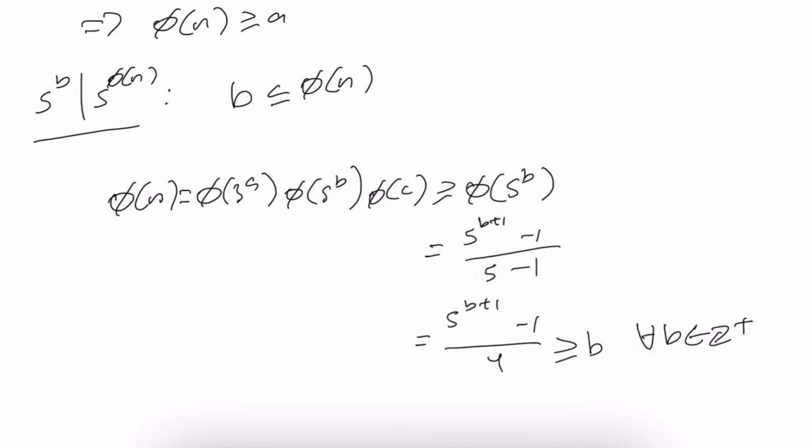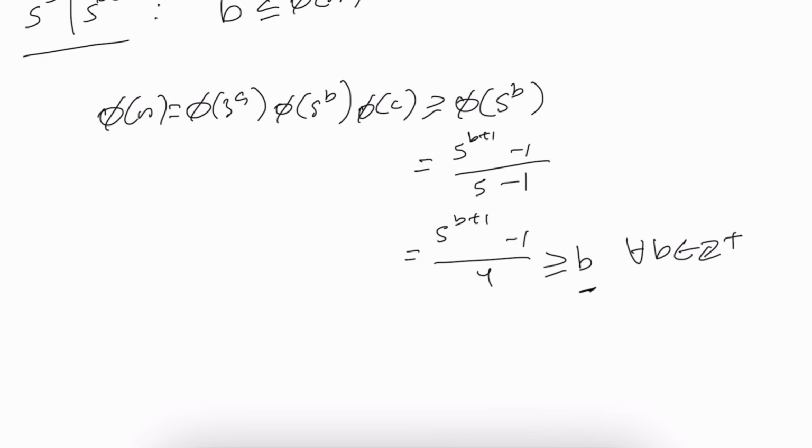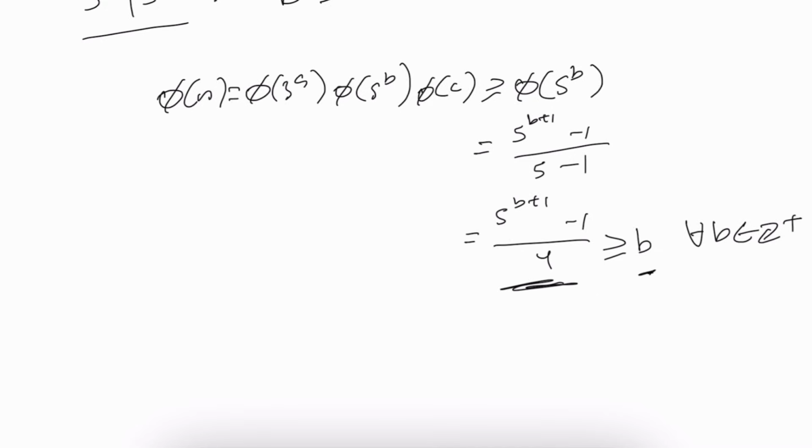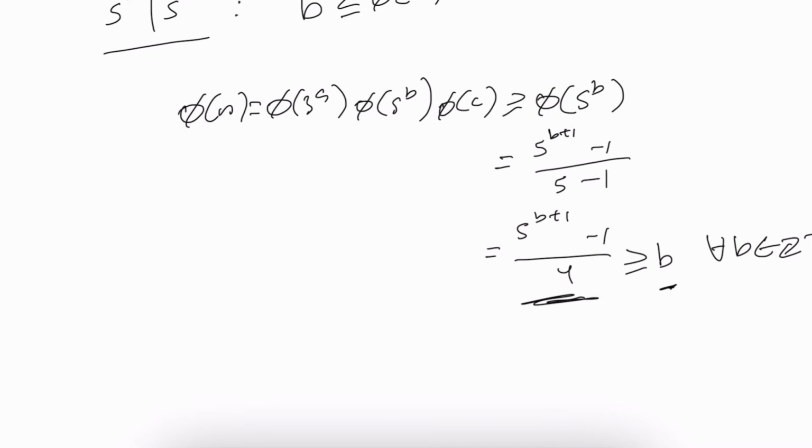And for similar reasoning, this grows linearly, this grows exponentially, and for the first few b in the positive integers, the inequality holds, so surely it holds for all higher b. And again, you can prove that more rigorously with some sort of induction.